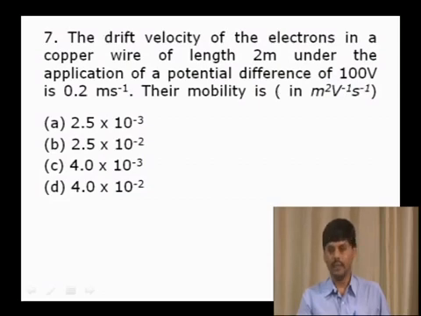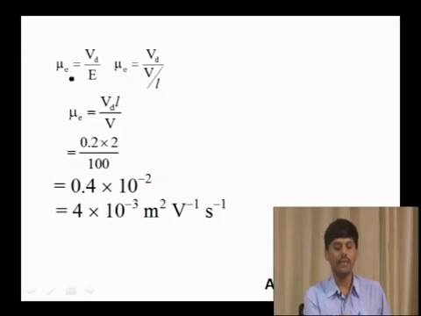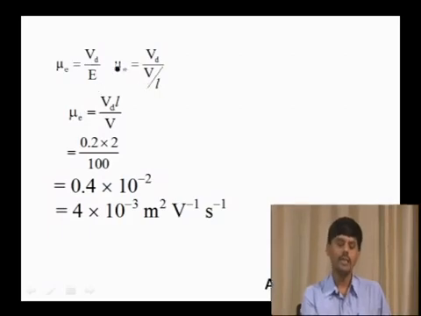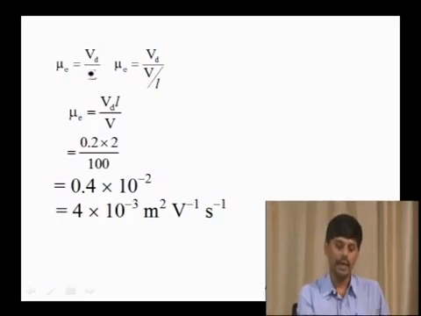The solution for this: we have a relation, mobility is drift velocity per unit electric field. This can be rearranged, the electric field can be written as V by L. So L is shifted up, giving Vd into L divided by V. Vd is the drift velocity, L is the length, V is the voltage.